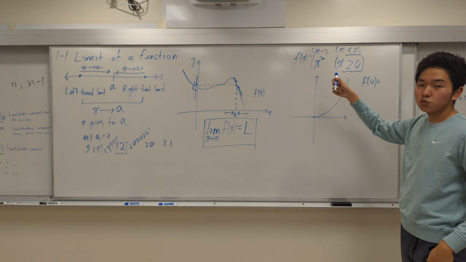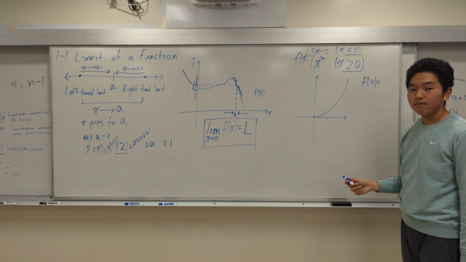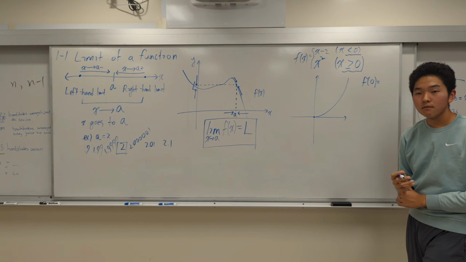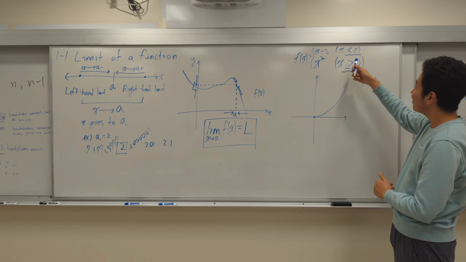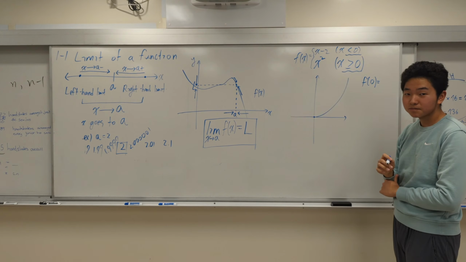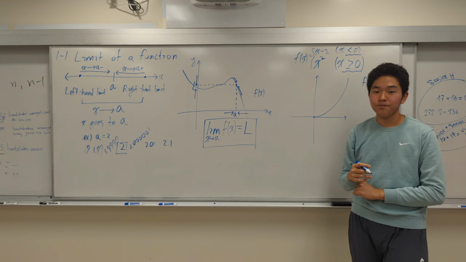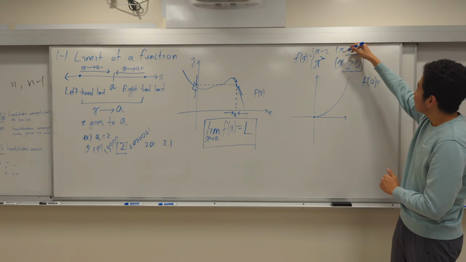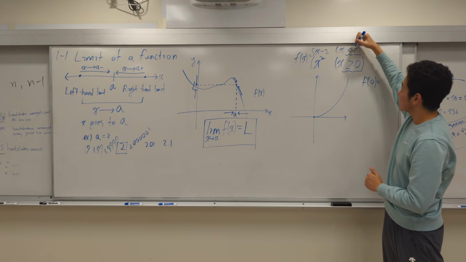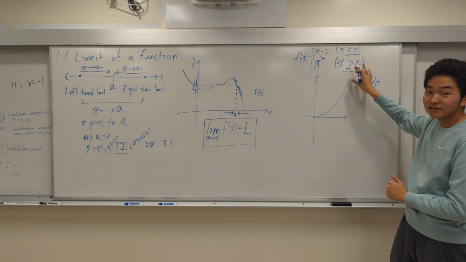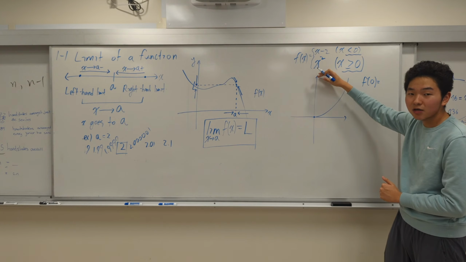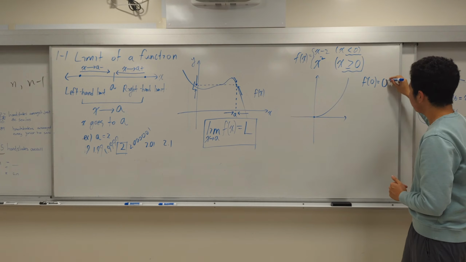Do I plug 0 here or here? You see the restriction, x is less than 0, and x is greater or equal to 0, so I have to plug it into the bottom one. So the function value is 0.